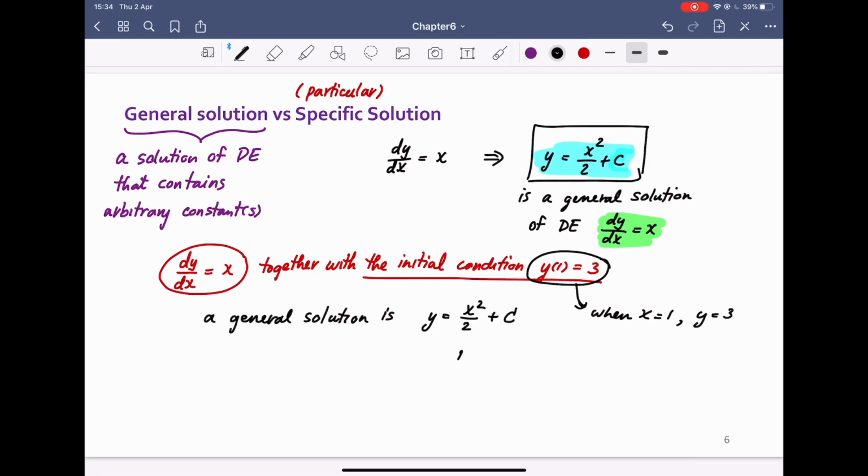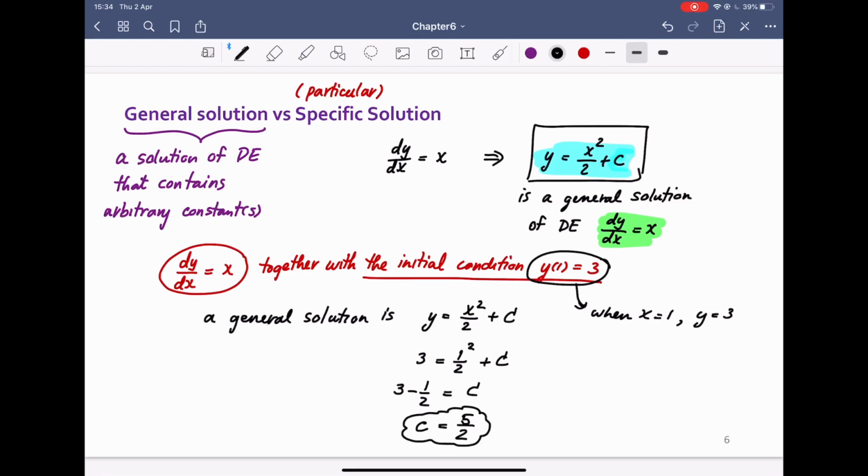So if you plug in x equal to 1, you're going to get y equal to 3. And from that, you can solve for c. So you're going to get 3 minus 1/2 equal to c, which is, let's think about it, 5 over 2, right? So that is the value of c.